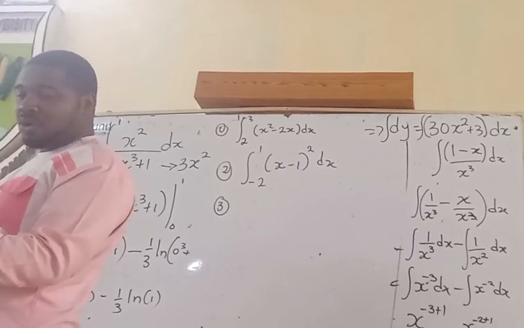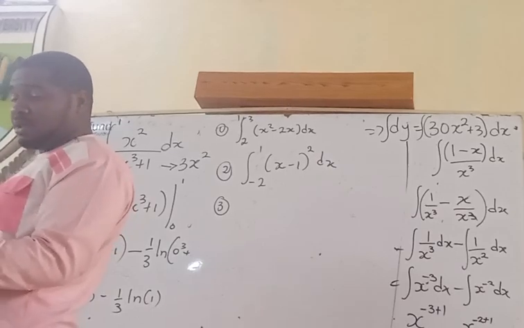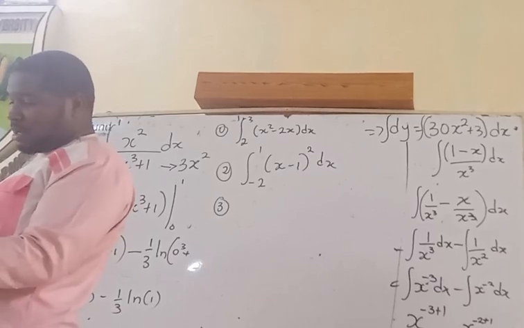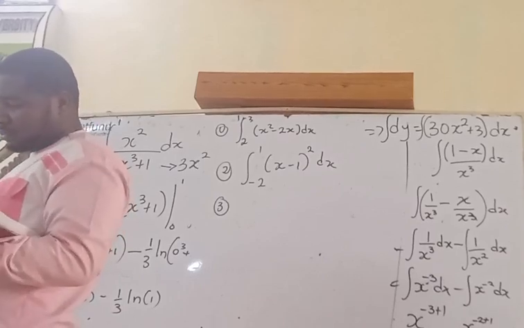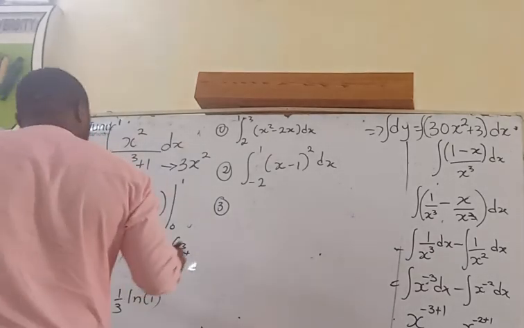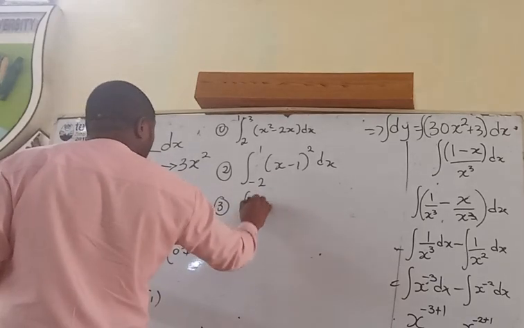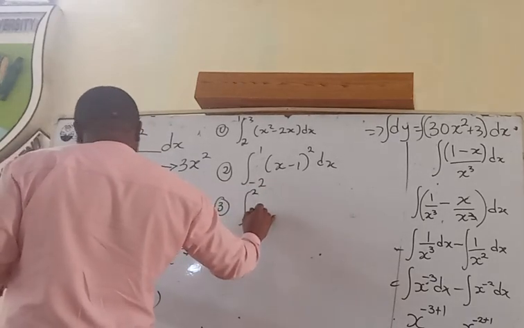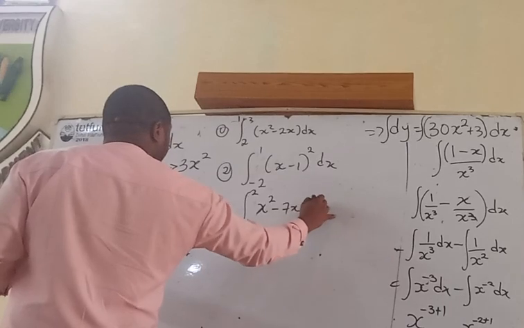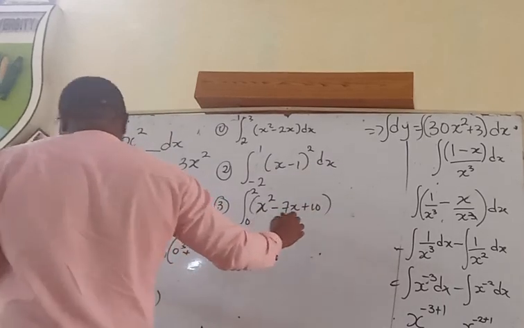But it's very simple now, or we'll do it in the next class. We have the integral of 0 to 2 of x squared minus 7x plus 10, right, dx.